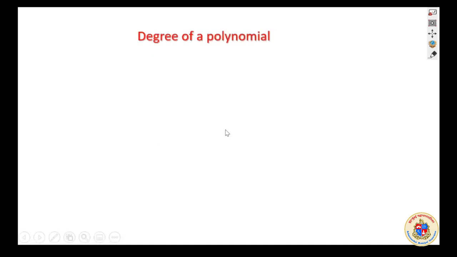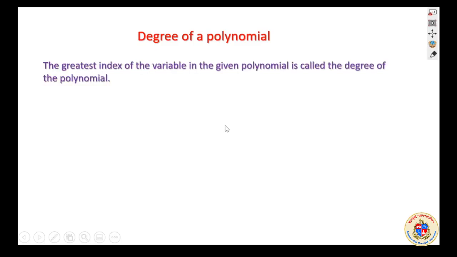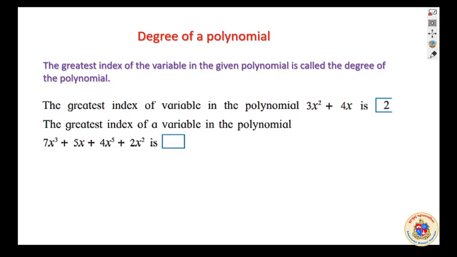Another thing is the concept of degree of a polynomial. Degree of a polynomial is talking about the index of the variable. The degree of the polynomial is telling us the greatest index, the highest index in the given polynomial. For example, if you try to find out the greatest index of a variable in this polynomial, we can see that the maximum is 2, so 2 is the greatest index.